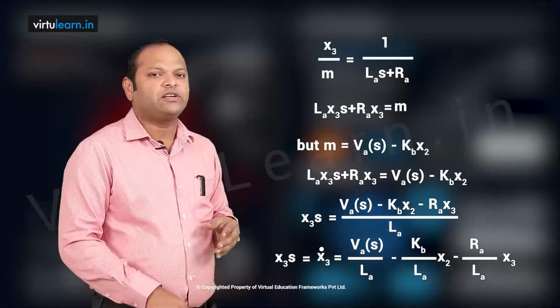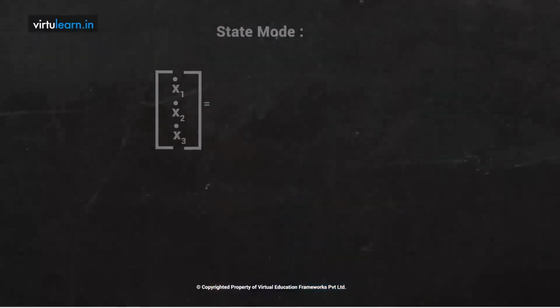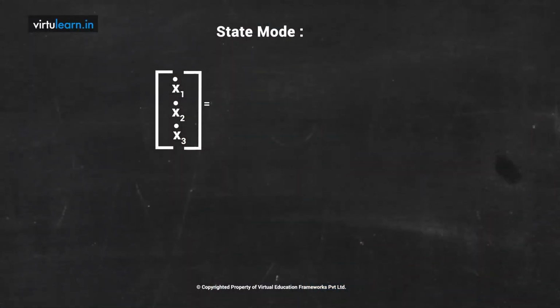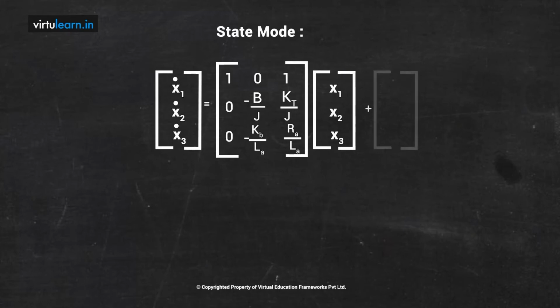With these three equations we can develop the state model. x1, x2, x3 are the variables, with their derivatives, and these are the entries of the A matrix. The first row is 0, 1, 0, the second row is 0, minus B by J and KT by J, and the third row is 0, minus KB by LA and minus RA by LA. The B matrix entries are 0, 0 and 1 by LA.